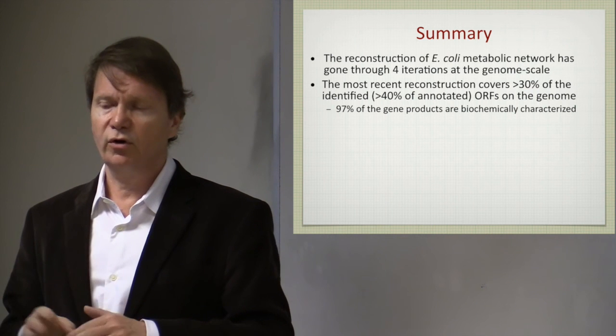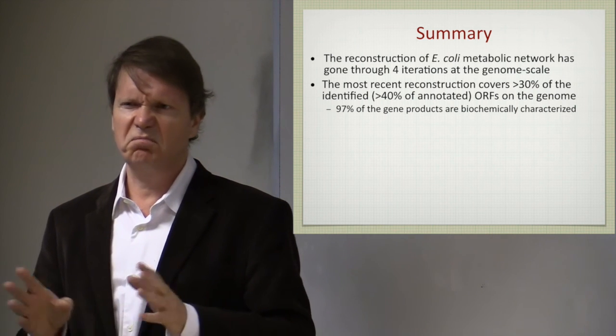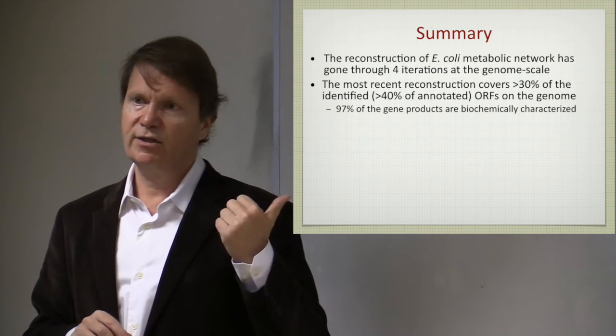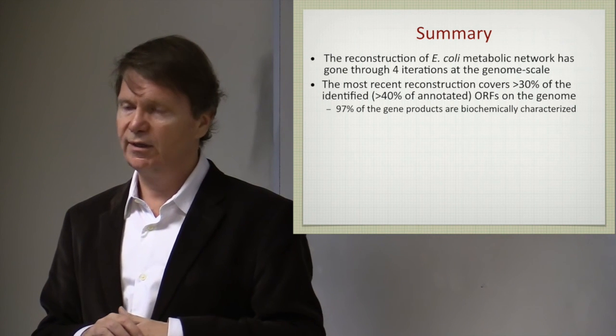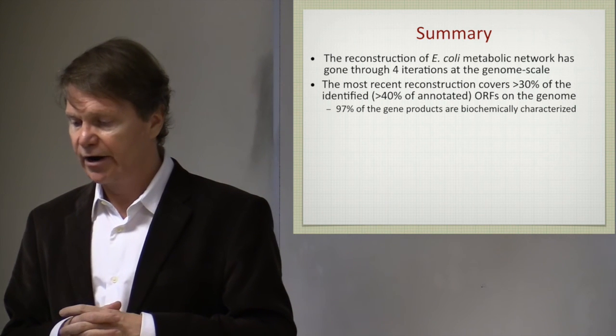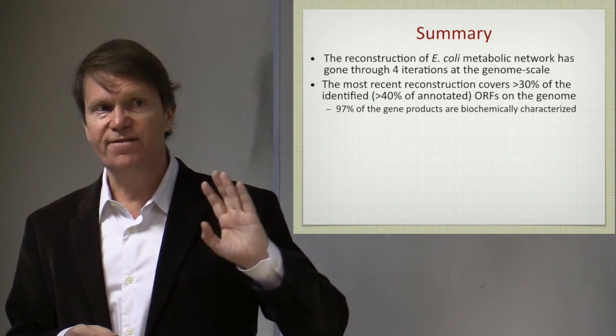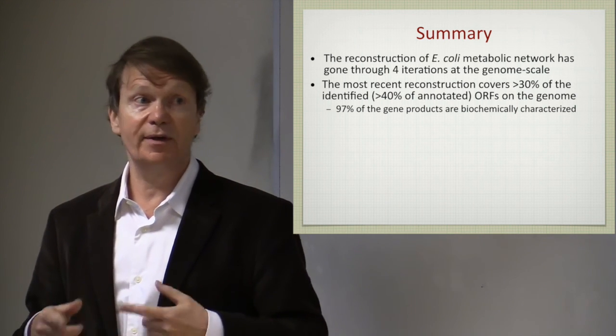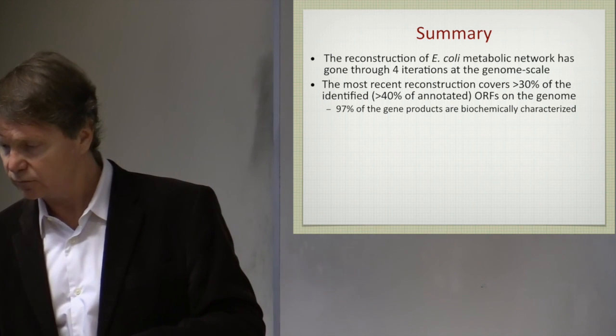So the number of functionally annotated genes in E. coli are probably 3,200 or so. And this is about 1,400 genes that are now in the metabolic reconstruction. So almost half of the genes in E. coli are accounted for there. And the vast majority of them have experimentally validated functions.